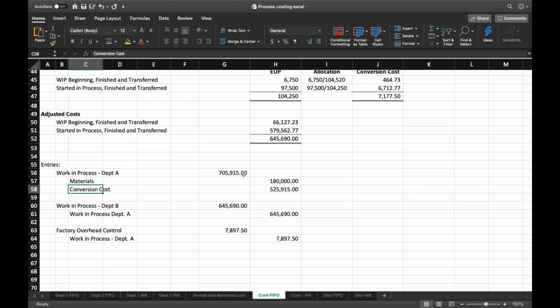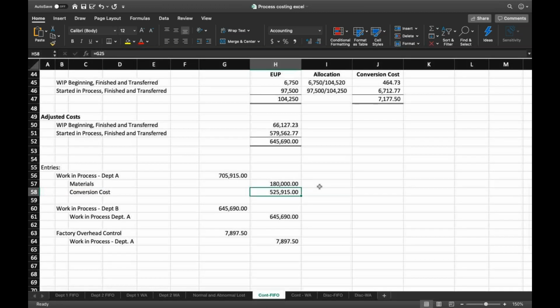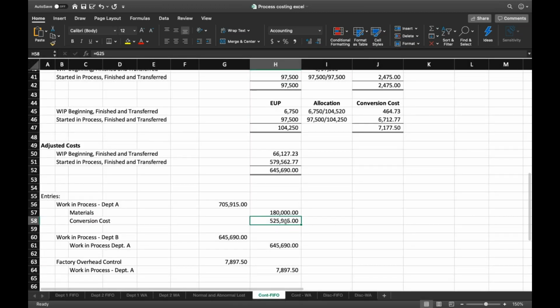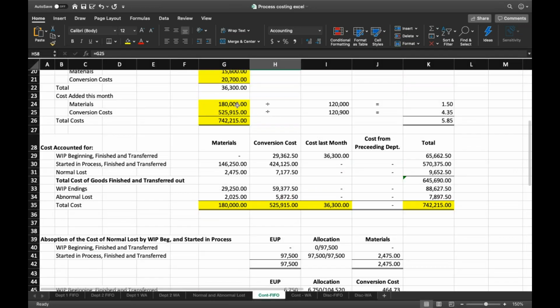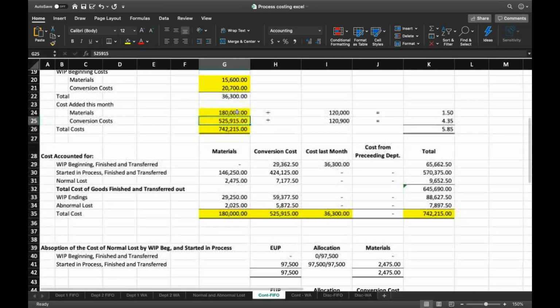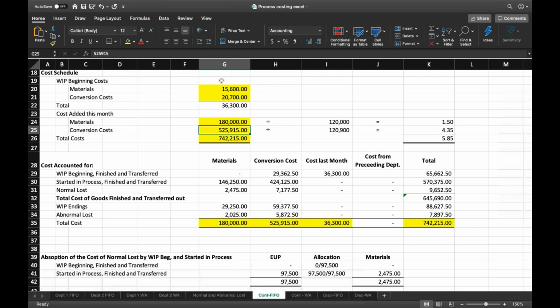So debit work in process, credit materials, credit conversion cost. Okay, yung 180 and 525 is the cost incurred for this month. Ito yon. Okay, walang entry yung previous month ha, kasi last month pa yon, meron ng entry yun doon sa nakaraan. Only cost incurred for this month.